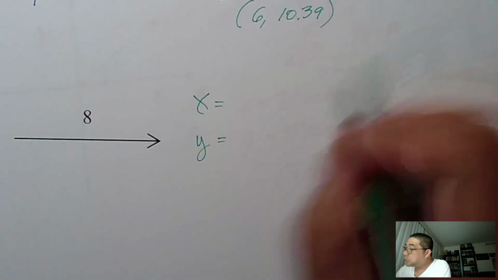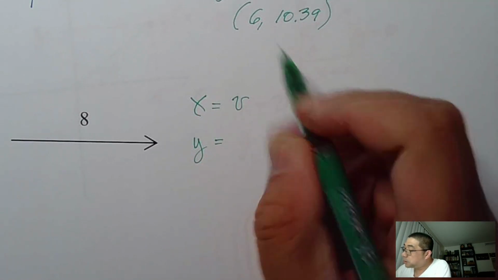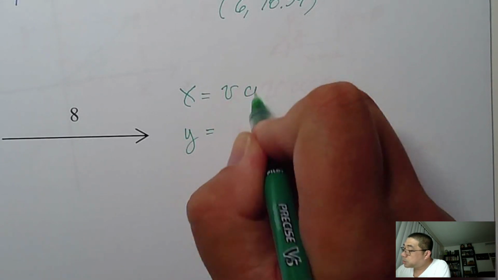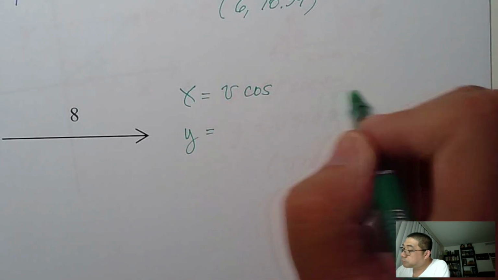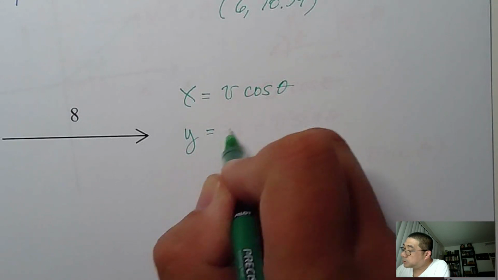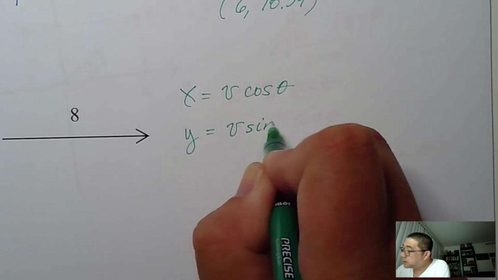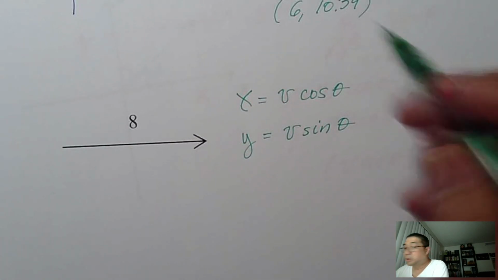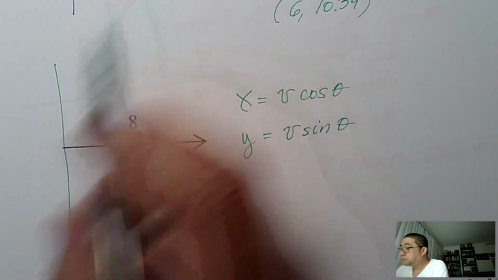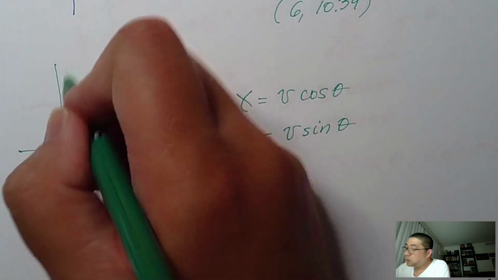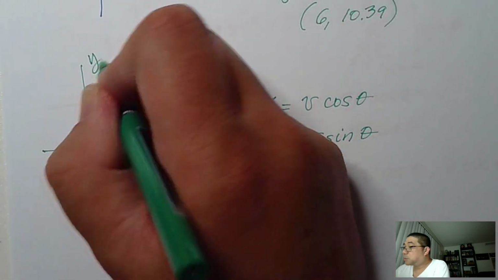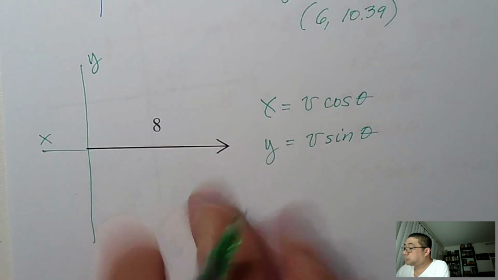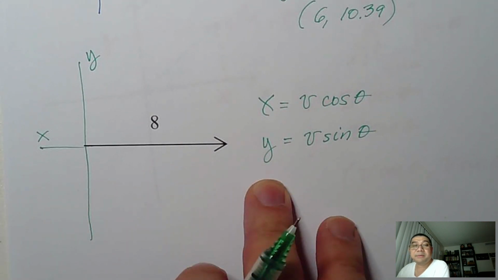So what is it? V multiplied by cosine theta, and this one is V sine theta. X and y coordinates. What if it's like this? This is your y component, this is your x component. What is the angle when it's facing that direction to the right?